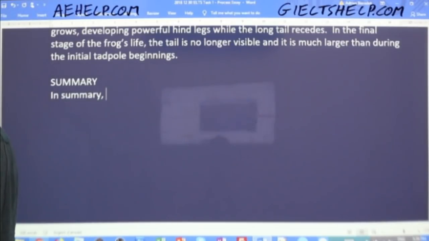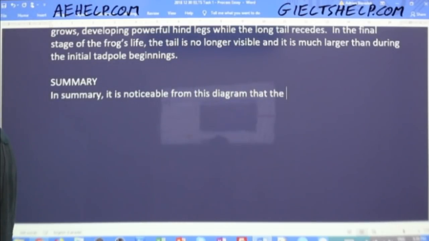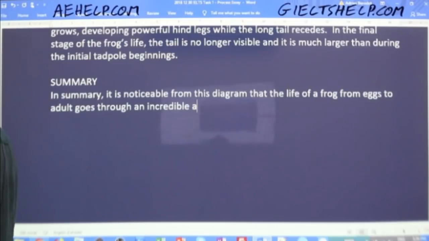In summary, it is noticeable from this diagram that the life of a frog from eggs to adult goes through an incredible amount of physical change.